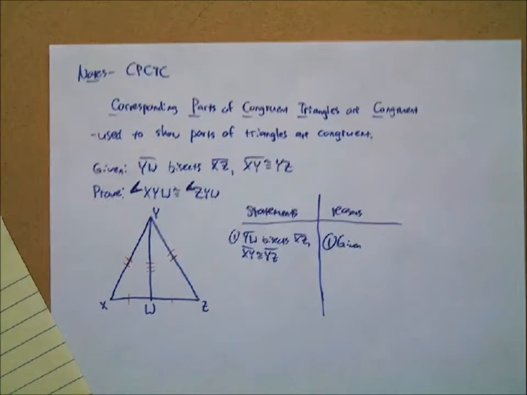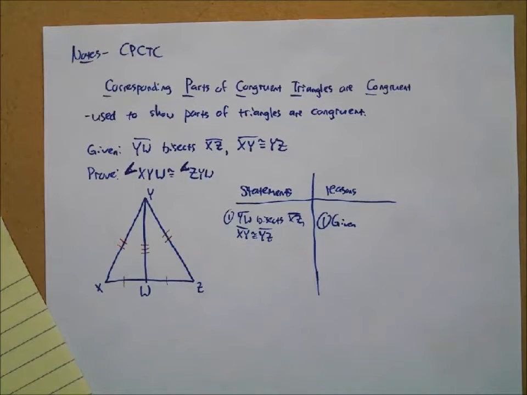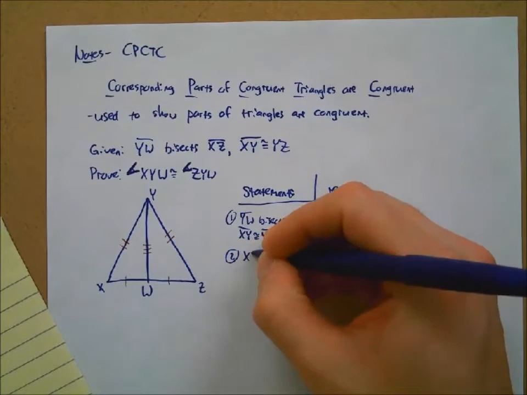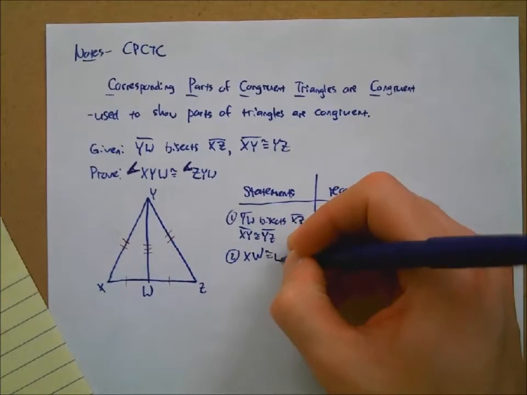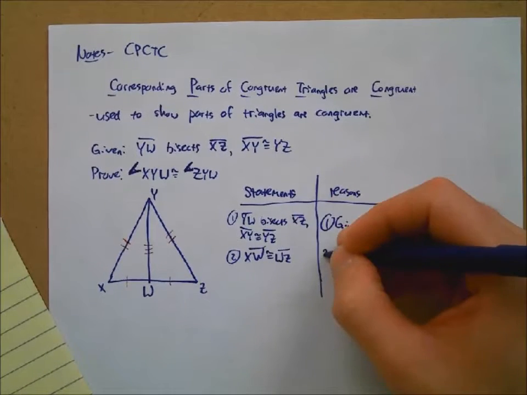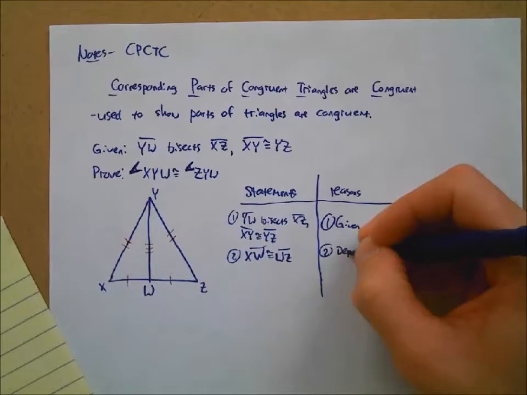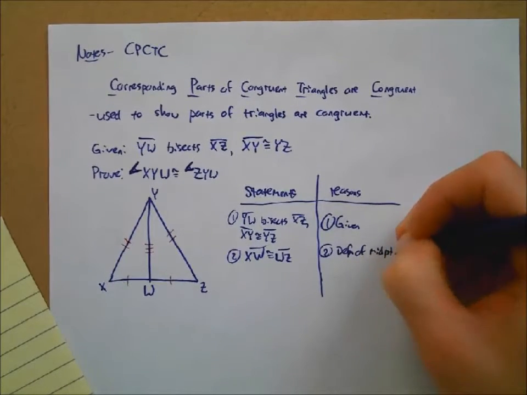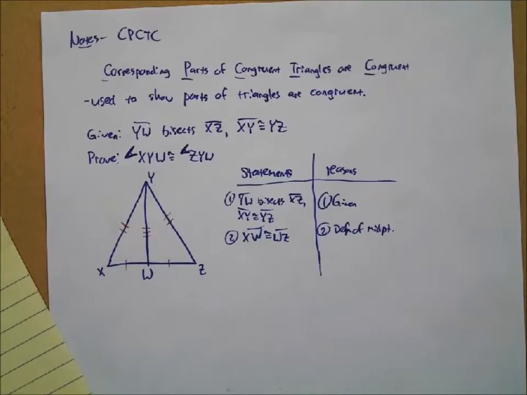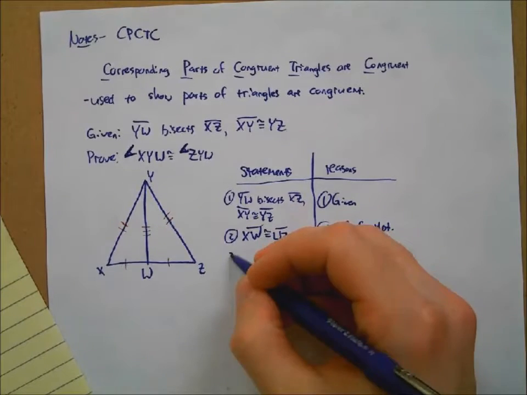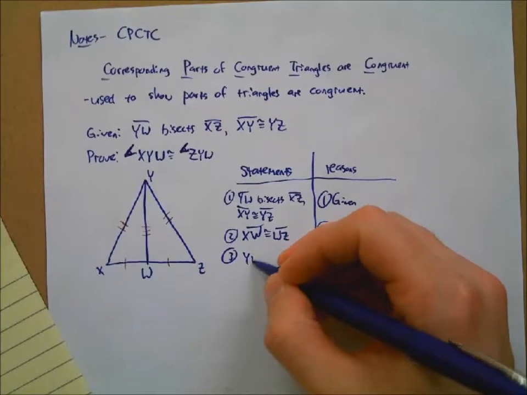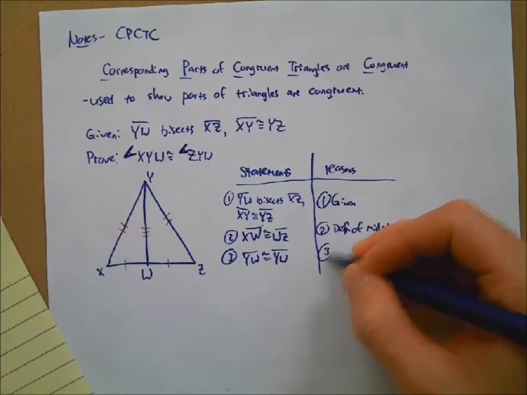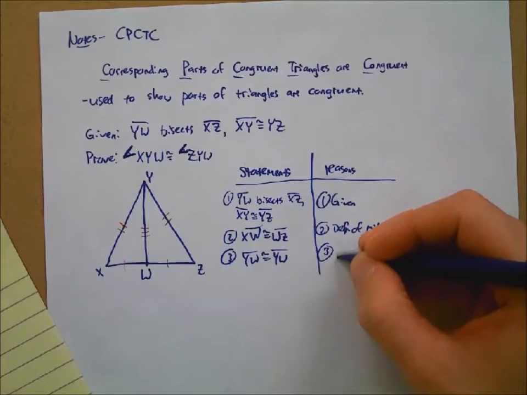Okay. Then we'll state what you said there, Jake, that XW was congruent to WZ. And I'll just use like definition of midpoint or something like that. Okay. And then we'll go ahead and state what Luke said too, that YW is congruent to YW. And that is because of the reflexive property.